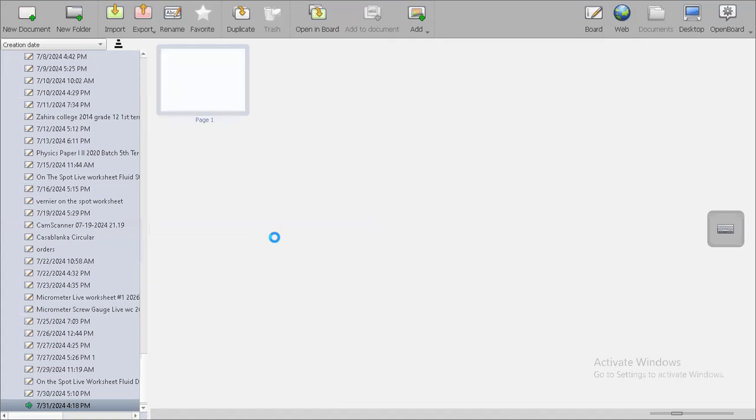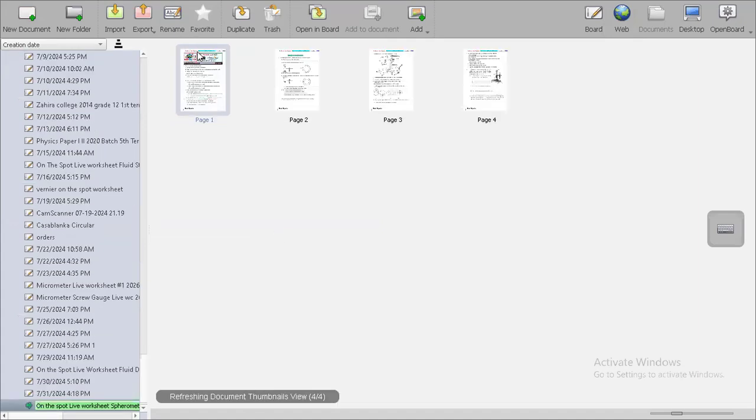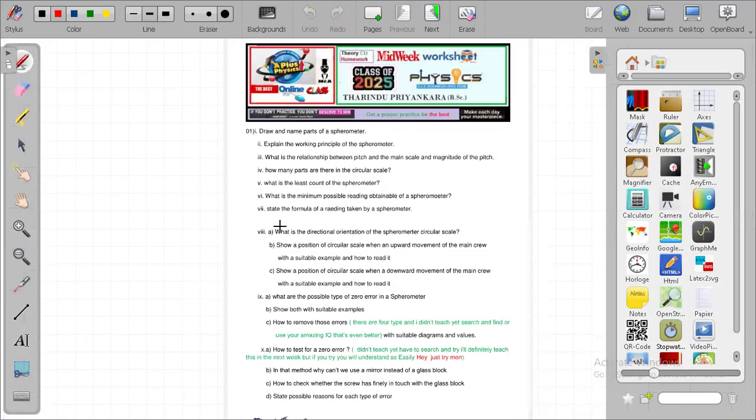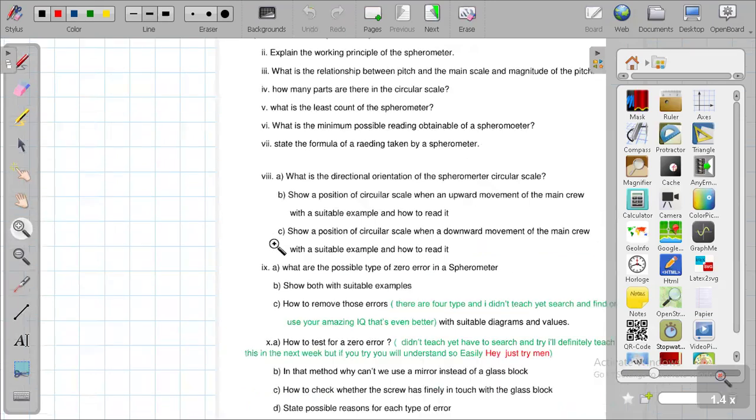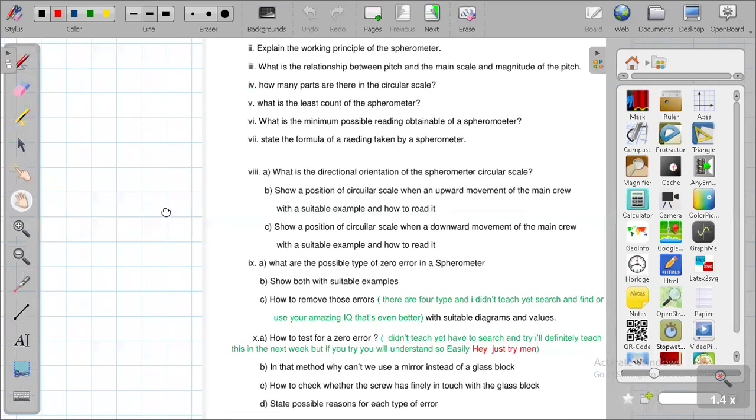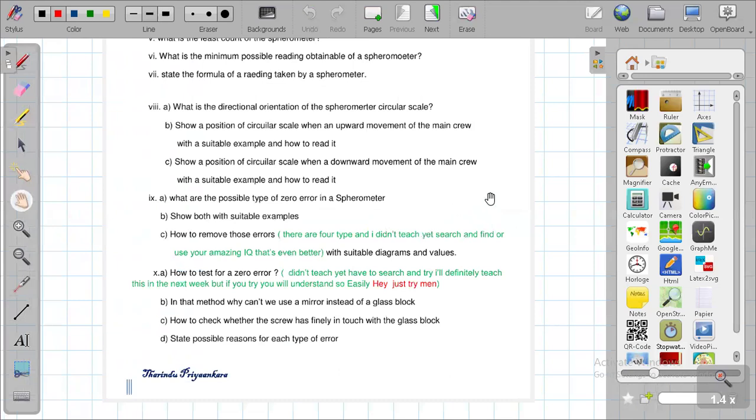Spherometer, and open it. So actually, the on the spot live worksheet. I have mentioned zero error already, because I wanted to do this with you before starting.